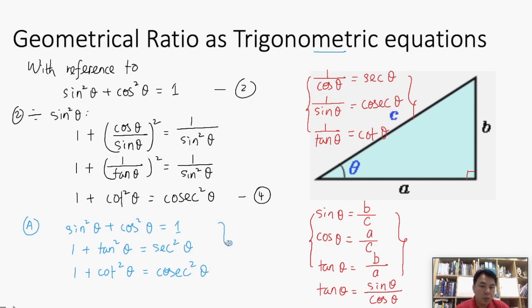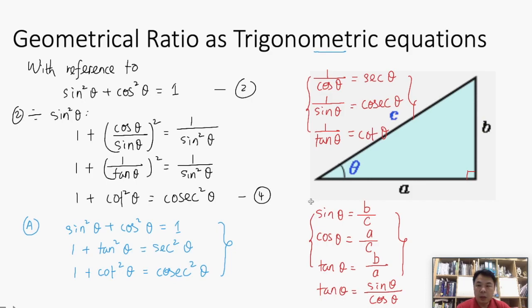So these are the three trigonometric equations that we set up based on the ratio of the lengths of this right angled triangle, by using the concept of Pythagoras theorem here.